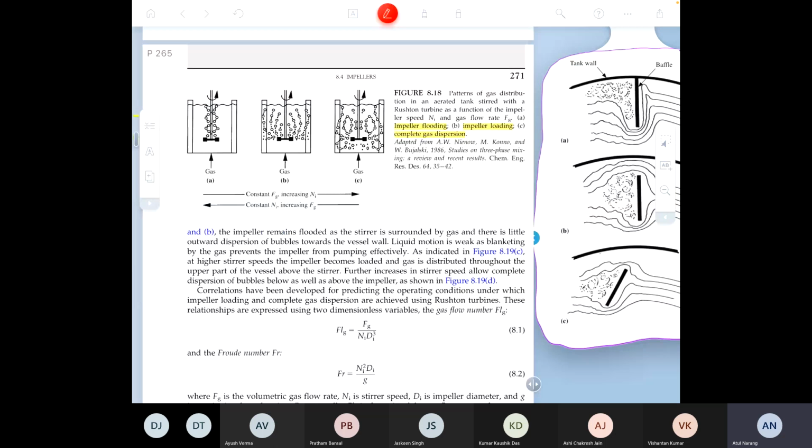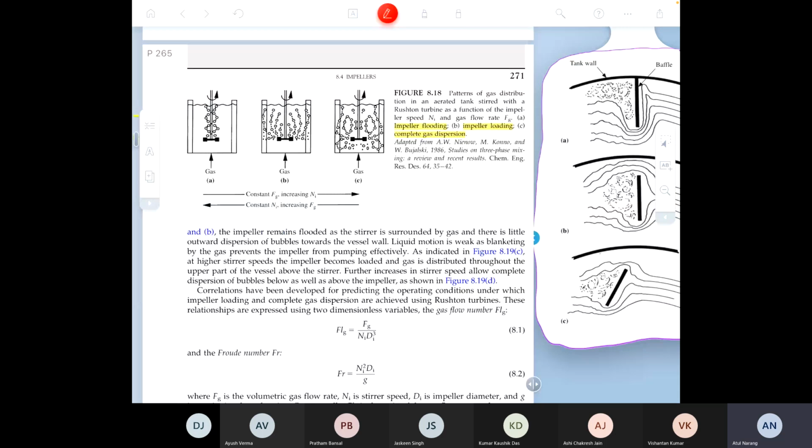So the undesirable picture on the left is impeller flooding. The picture in the middle is impeller loading. And the picture way to the right, the desirable one, is called complete gas dispersion. If the gas flow rate is fixed and you're increasing the impeller speed, you move from the left to the right.